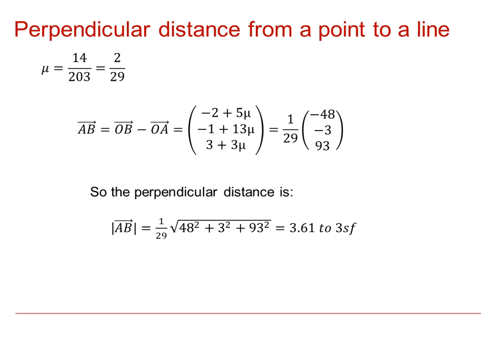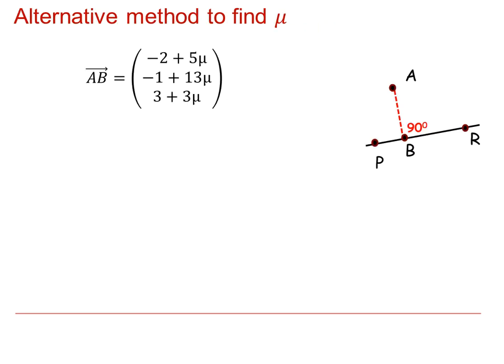In this method then we use the perpendicular idea of the dot product being equal to 0 to find the value of mu. There are alternatives however, and so I just want to consider one of those very briefly. In the same way as we did before, we can find that the vector for AB is given by this expression, (negative 2 plus 5 mu, negative 1 plus 13 mu, and 3 plus 3 mu).